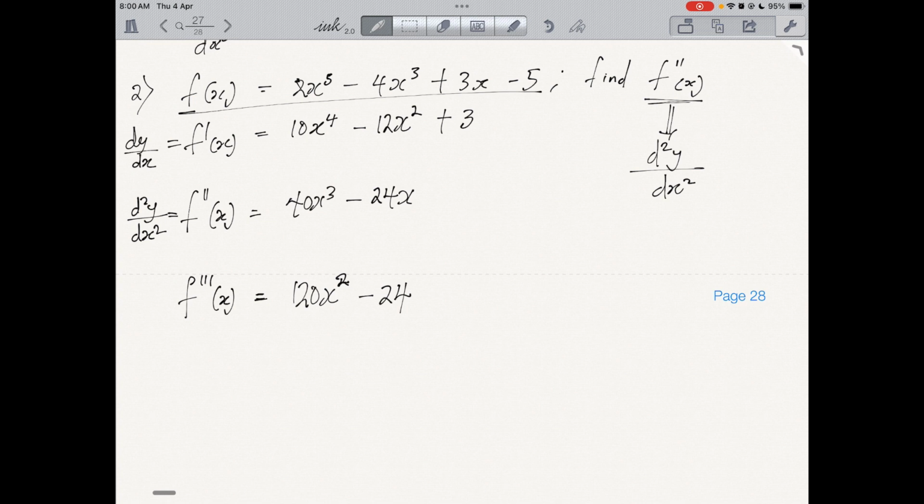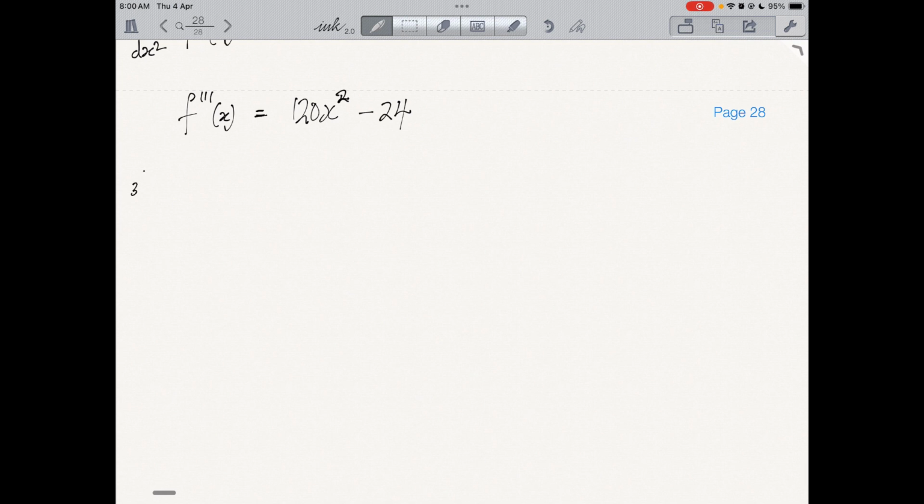Again, let's take another example, number 3. We're given that y is equal to 3 sine 2t plus cos t.